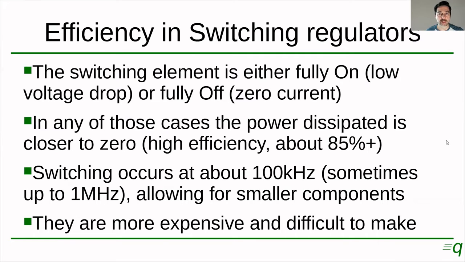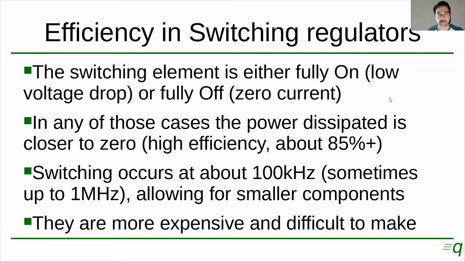Something that we want to keep in mind is the switching element here. The switch that we saw was either fully on, when it has a low voltage drop, or fully off, right, when it has 0 current. So if you recall that power dissipated is the product of voltage times current, and we try to estimate what the power dissipated on that switch is going to be, it's going to be very low, because when it's fully on, it has low voltage drop, and when it's fully off, it has almost 0 current.